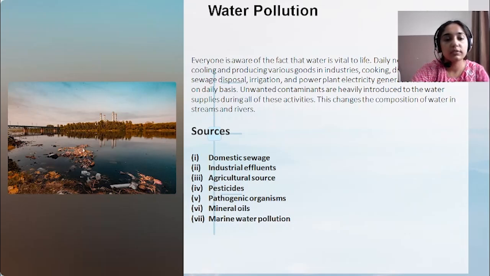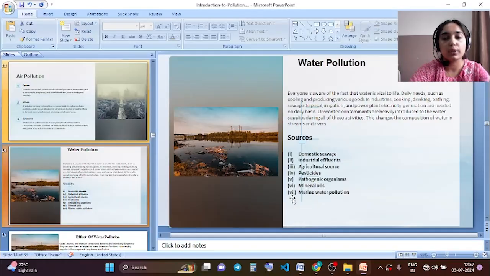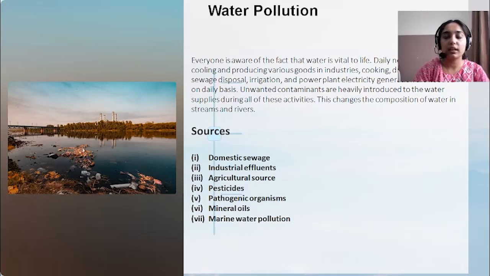Second is industrial effluents. So how are the industries polluting the water bodies? When we release industrial waste directly into the water bodies.